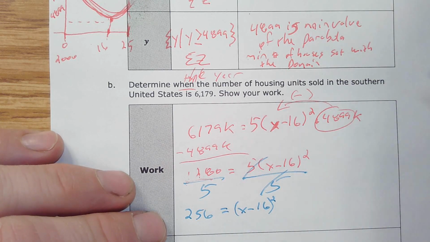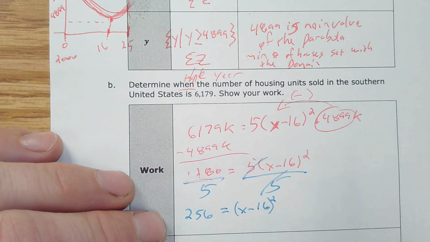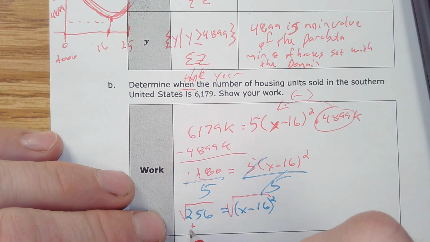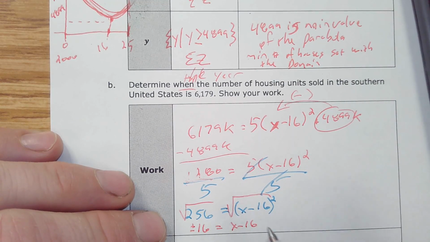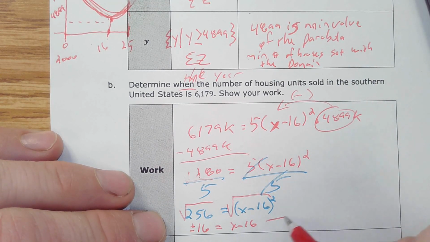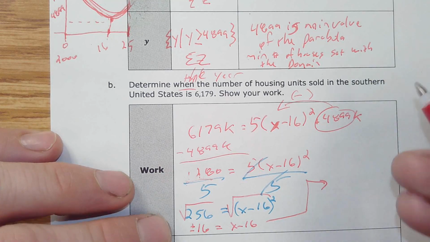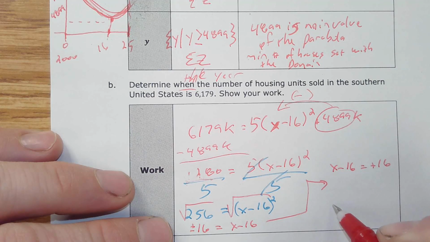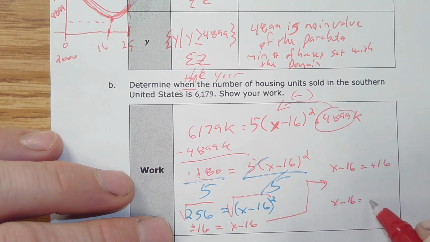And I've got to take the square root of both sides. So the square root of 256, remember, it's going to be plus or minus 16, equals x minus 16. Well, there you go. All right, so I'm going to move this 16 over here. Okay, so I know that x minus 16 equals positive 16, and x minus 16 equals negative 16.